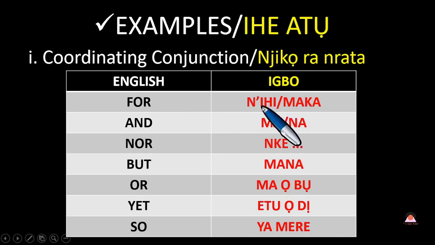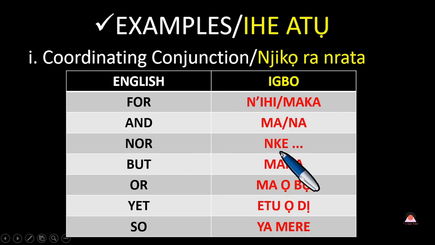We either call it nihi or maka, depending on where they are used in the form of sentence. Number two is and. And what is that in Igbo? We either call it ma or na, depending on where they are used. When we are joining two words together, we always use na. Oke, ke, na, okafo. But when we are making a long sentence, we use ma. Okay? Ma.